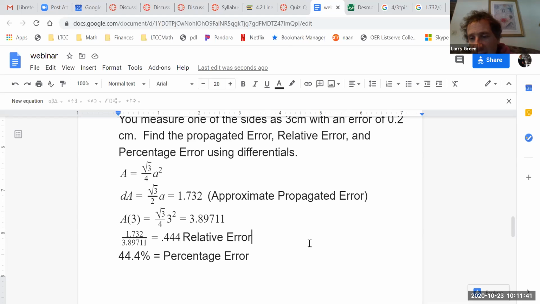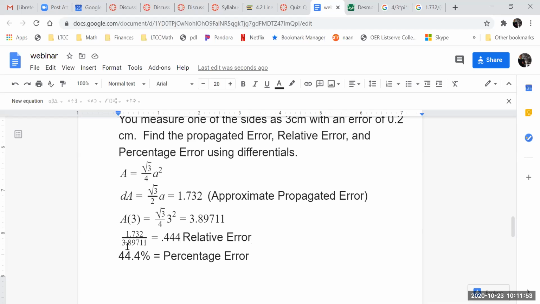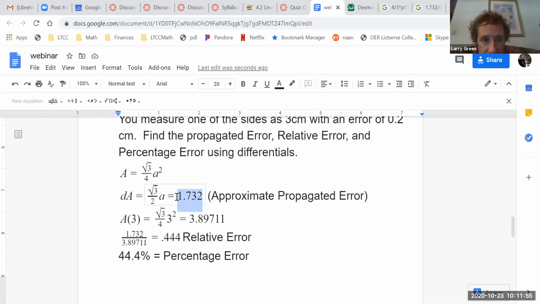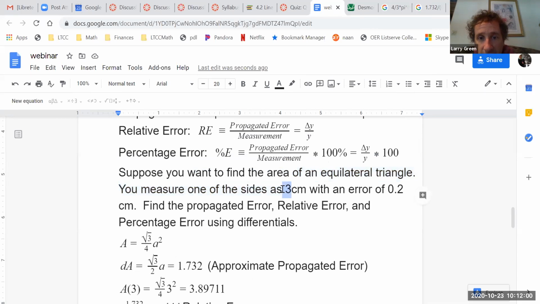Any questions on this idea, on this process? Larry, I'm still lost on how you got 1.732. Like it's A2 up here? Yeah, and the A was 3. It was 3. You measured one of the sides as 3 centimeters.